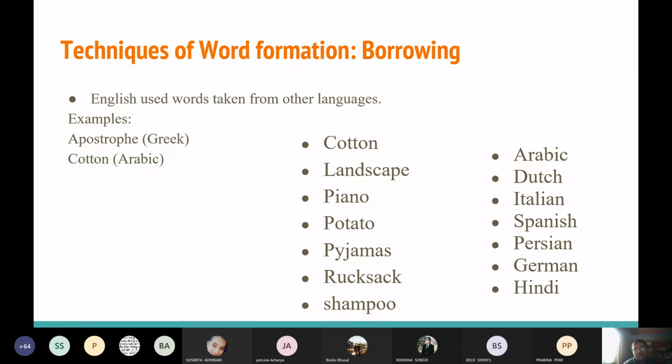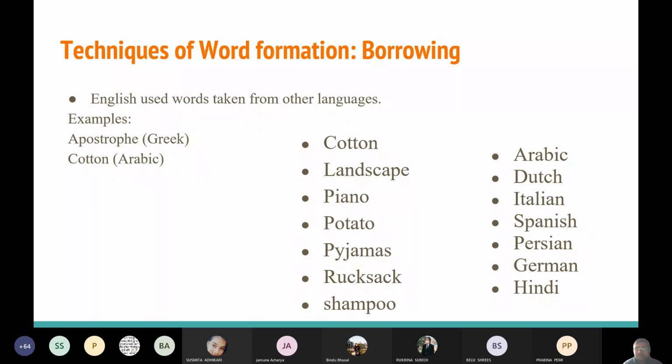So look how the words in English that we are using in everyday conversation, and maybe everyday writing, are used from different languages. Cotton is an Arabic word.